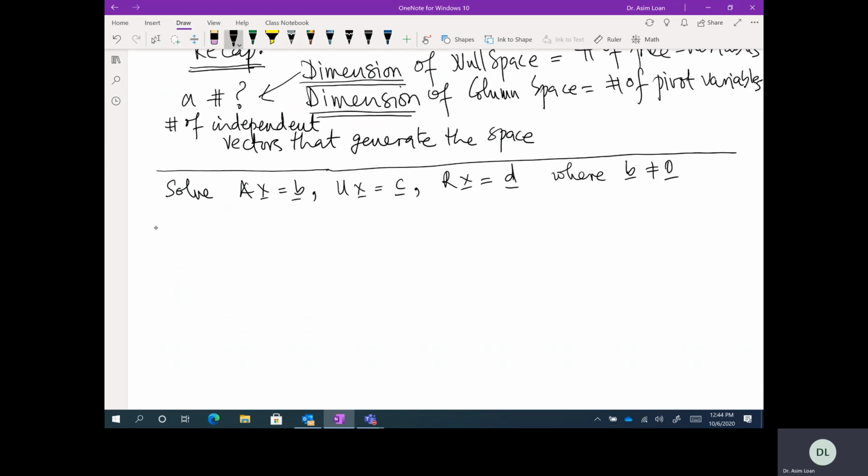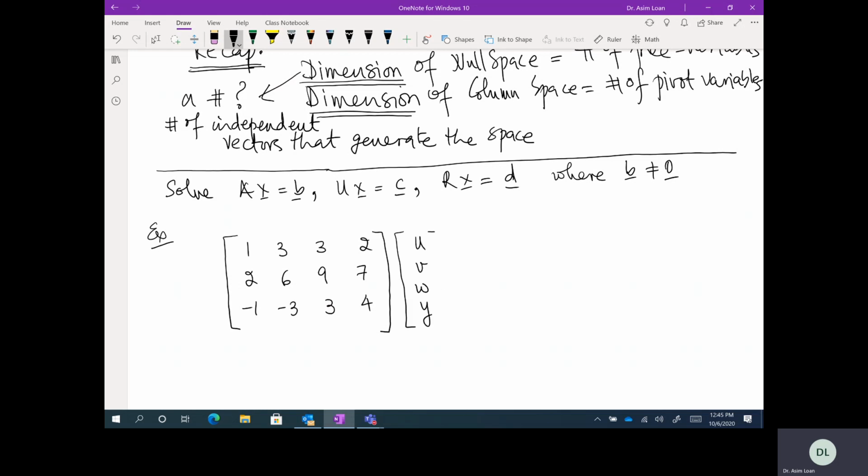So let's see what happens here. Let me write an example. Same matrix: 1 3 3 2, 2 6 9 7, -1 -3 3 4, times u v w y equals, so this is 3 by 4, this is 4 by 1, so obviously this is 3 by 1, b1 b2 b3.